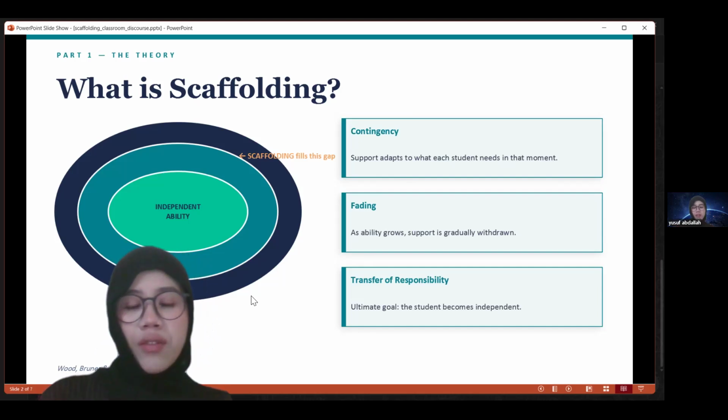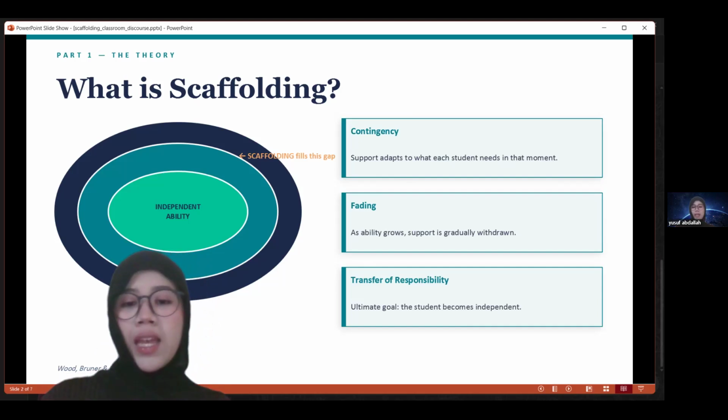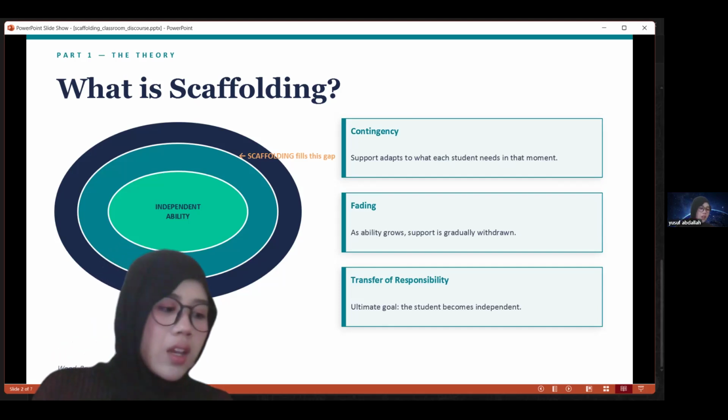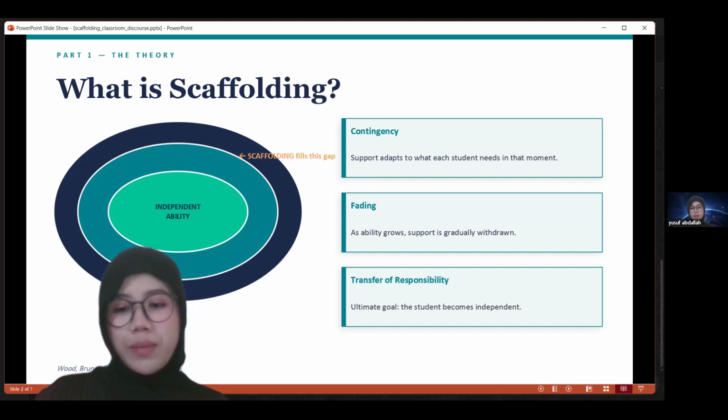Second one is fading. As the student's ability grows, the support gradually pulls back. And the third one is transfer of responsibility. Ultimately, the goal is for the student to become independent.